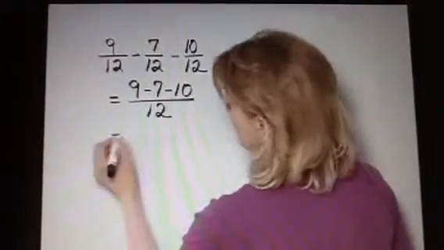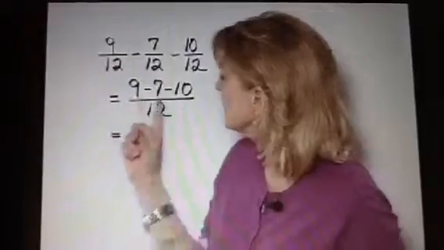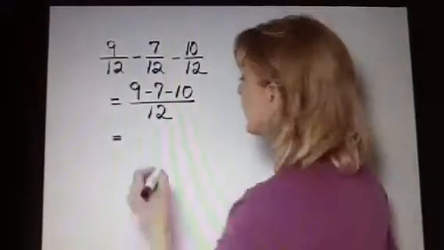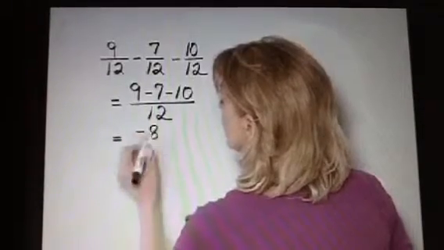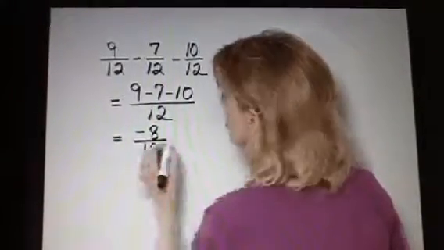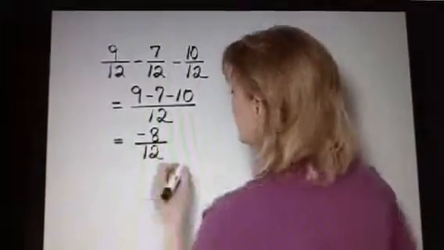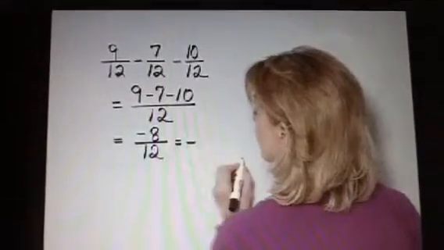Let's now simplify in the numerator. 9 minus 7 is 2. 2 minus 10 is negative 8. So I have negative 8 over 12. How do we simplify? If you'd like, move that negative in front.